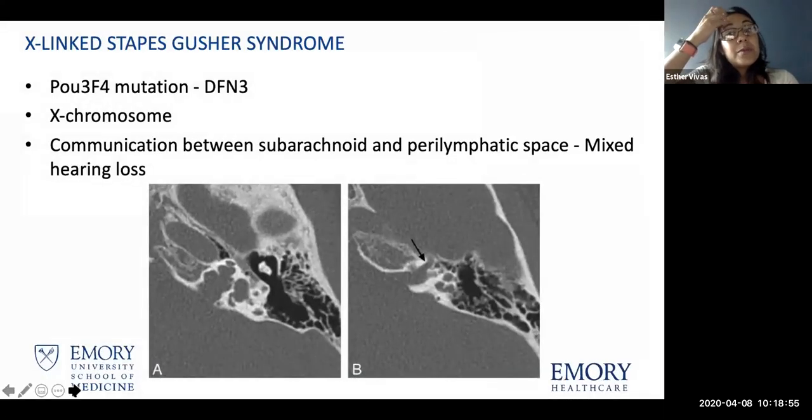Another one is X-linked stapes gusher syndrome. It's basically an enlarged communication between the subarachnoid and perilymphatic space. It typically progresses into a mixed hearing loss, and the timeline for progression of hearing loss is really variable.